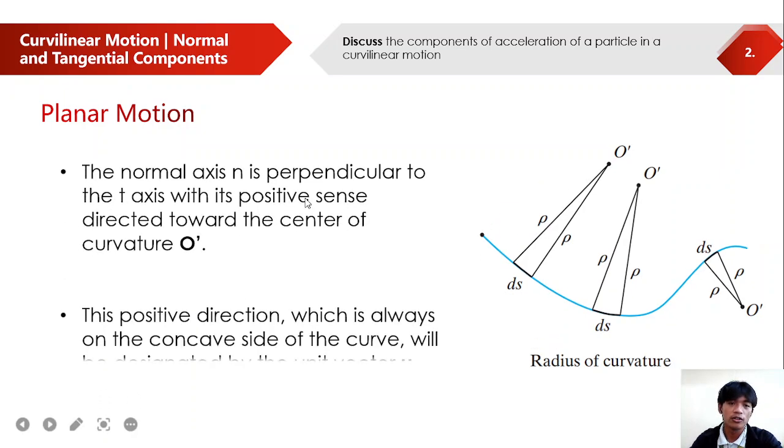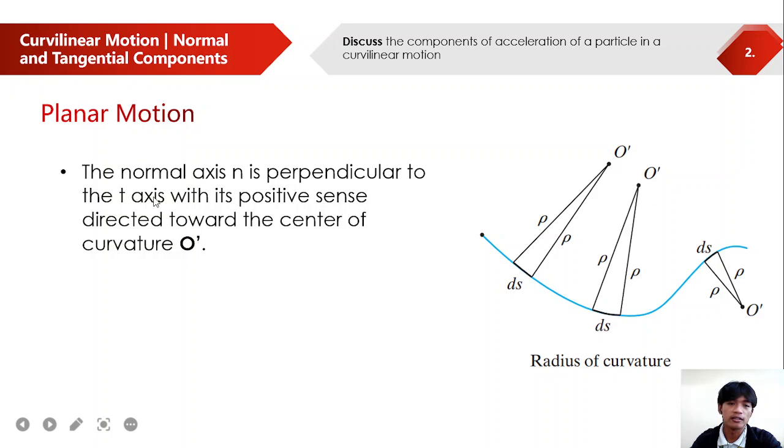Okay. So the normal axis N is perpendicular to the t-axis with its positive sense directed toward the center of curvature O prime. Now again, we already said that the positive sense of the tangential is along with the increasing path of our S. For the normal axis, the positive sense is directed toward the origin of the arc segment.